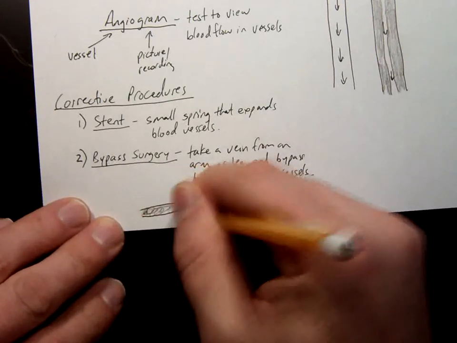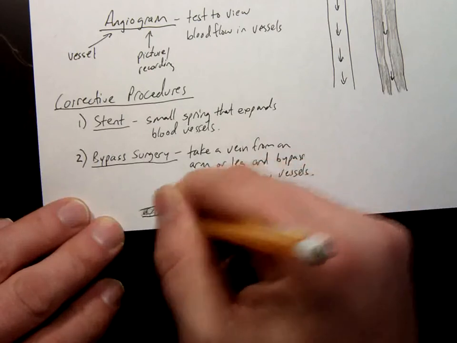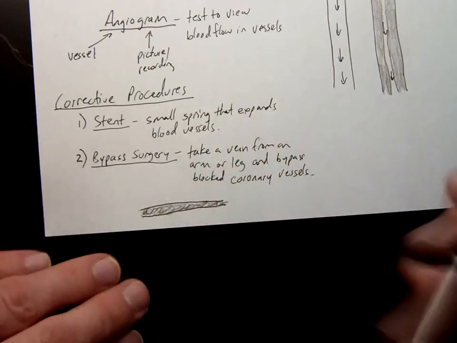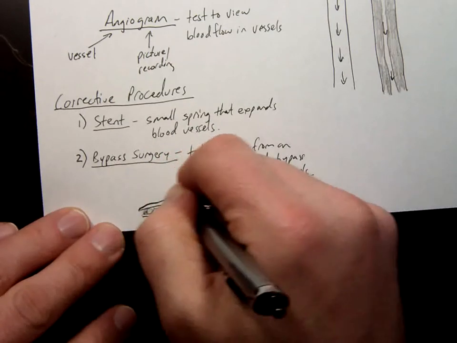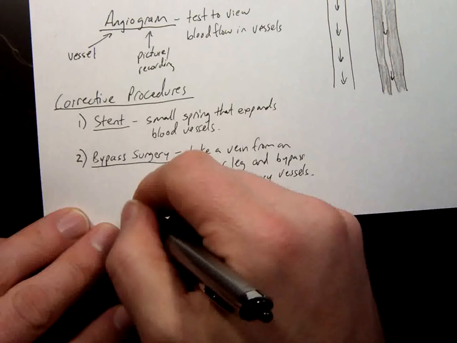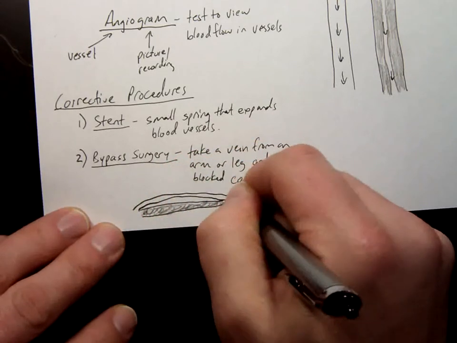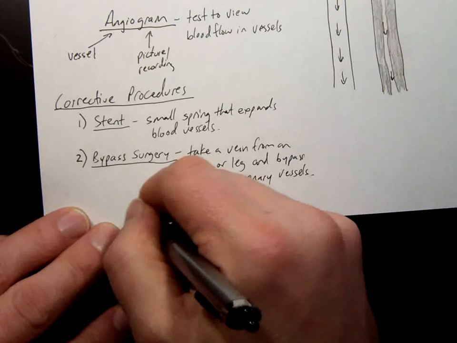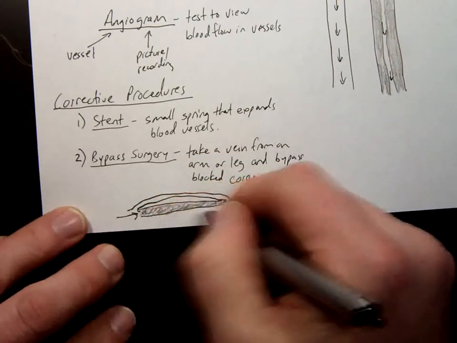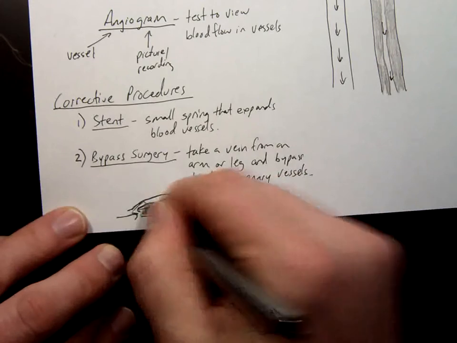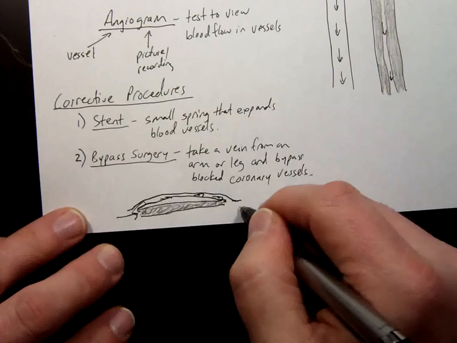So what they'll do, and usually they'll take either the great saphenous vein, which is on the inside of the thigh, or they'll take one from the inside of the arm, and they'll loop it around this bypass, this area that's blocked, and they'll stitch it into the blood vessels surrounding there. So blood that wants to go that way, and would hit that obstruction, would rather go through this bypassed vessel and then head to its destination.